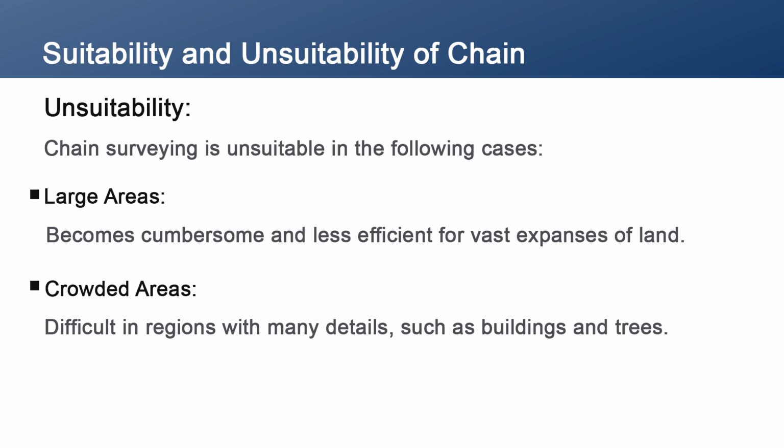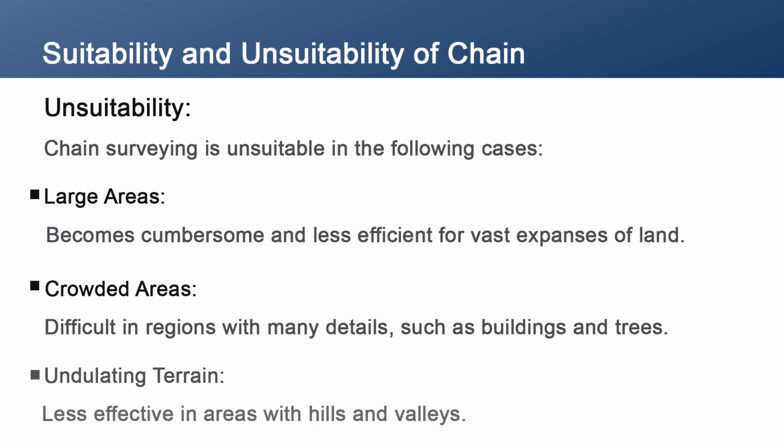It is best for simple terrains. Third, for areas with lots of hills and valleys, chain surveying is less effective. The undulating ground can make it challenging to get accurate measurements. So, the bottom line here is, while chain surveying is a good choice for many situations, it is important to know when it is the right tool for the job and when you might need a different approach.